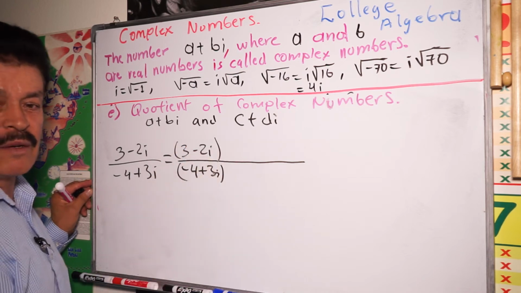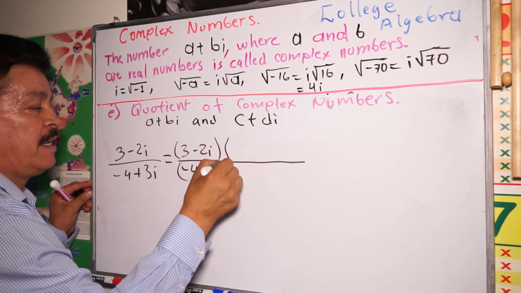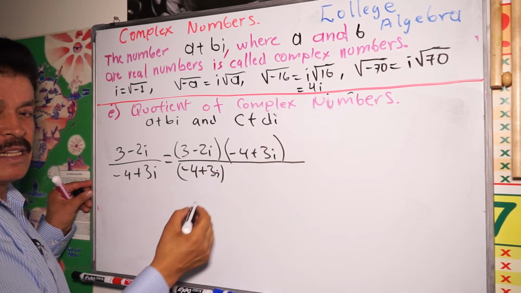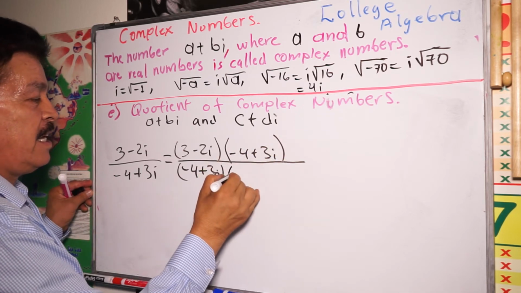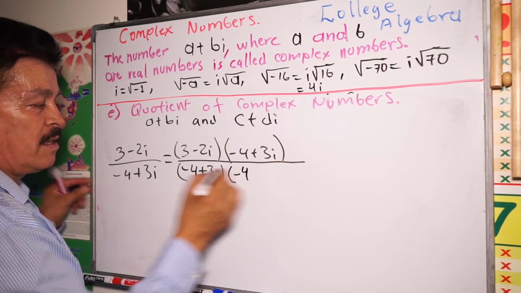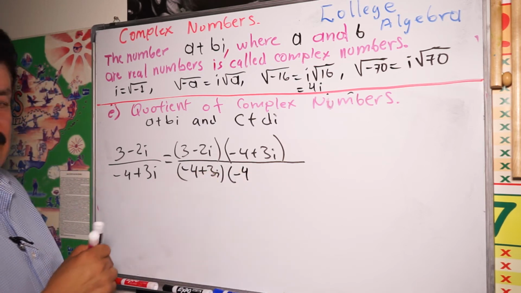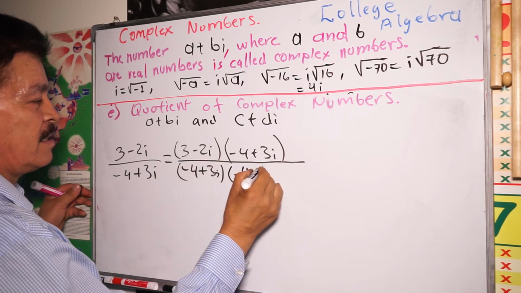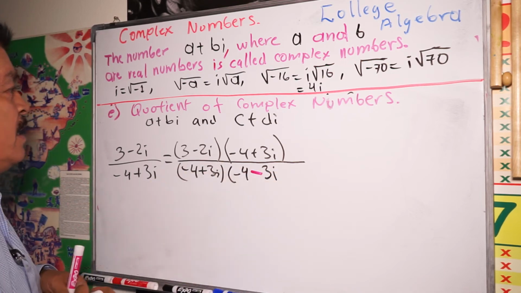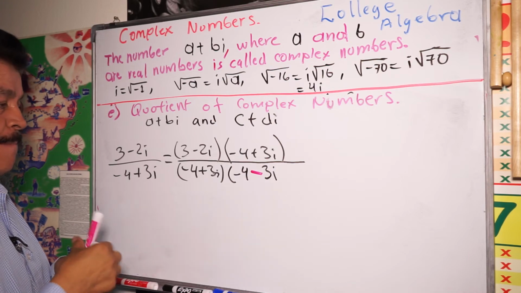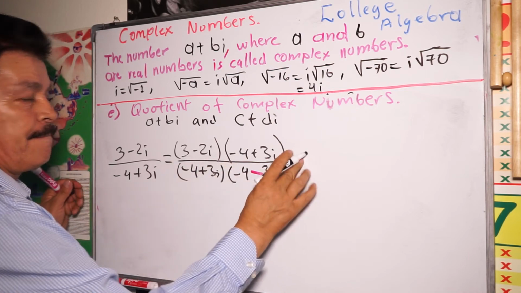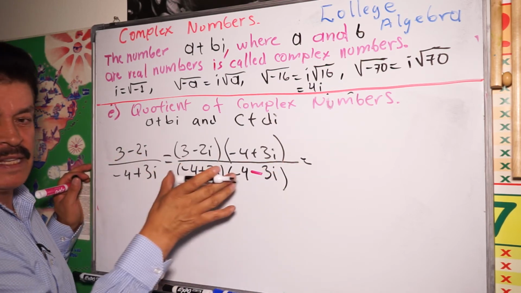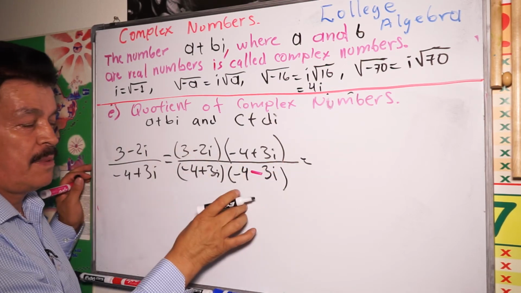All of this we have to multiply by -4 plus 3i, and here change the sign: -4 minus 3i. Okay. Correct? You simplify this problem here.